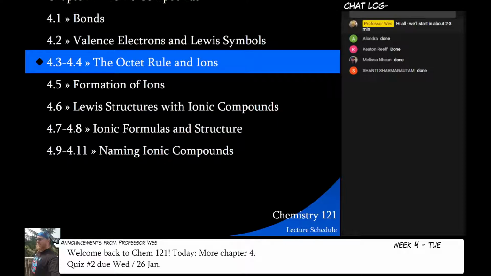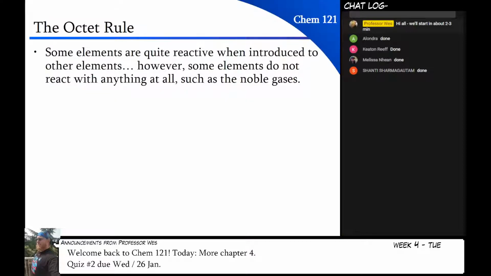And that's where this octet rule comes in. The goal of elements is to try and attain 8 valence electrons. This is just the pattern that we observe consistently, is that elements want to get 8 electrons. If they manage to do so, then they become much more stable.